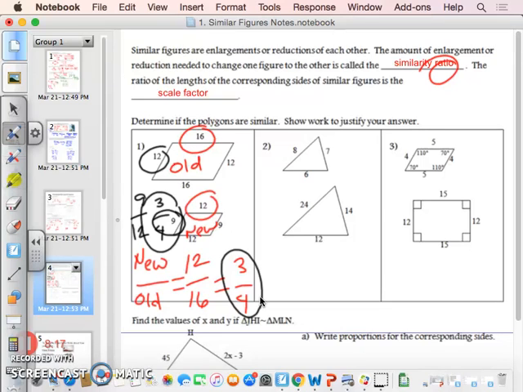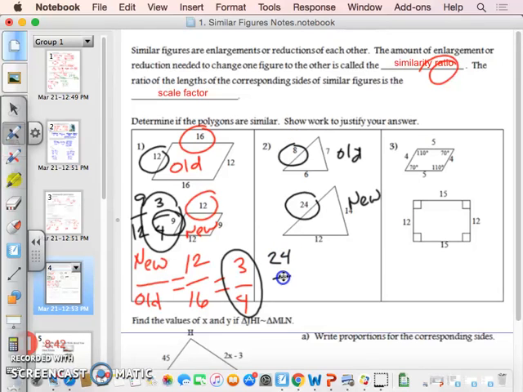All right, let's look at number 2. What I'm looking at is, again, this is going to be my new, and this is my old. Excuse me, I'm going to do that over again, because that is not true. The one you start with is your old. So this is my old. This is my new. So I'm going to do 24 over 8.